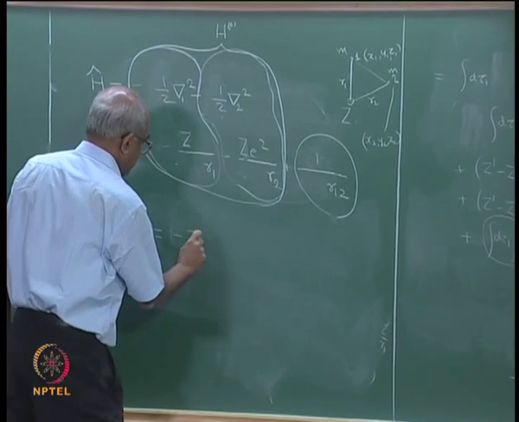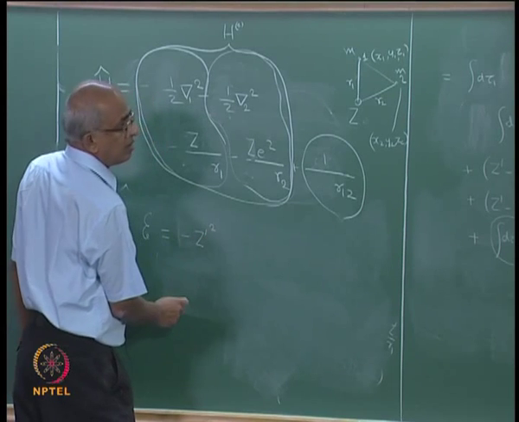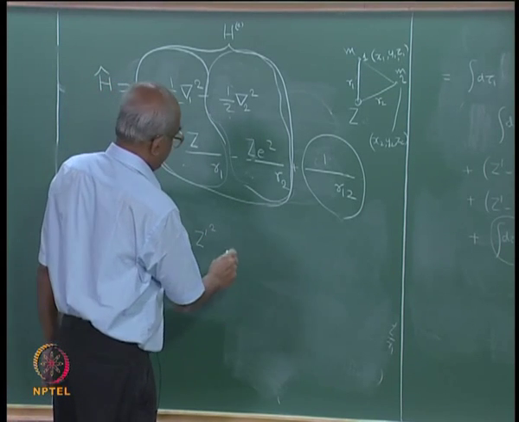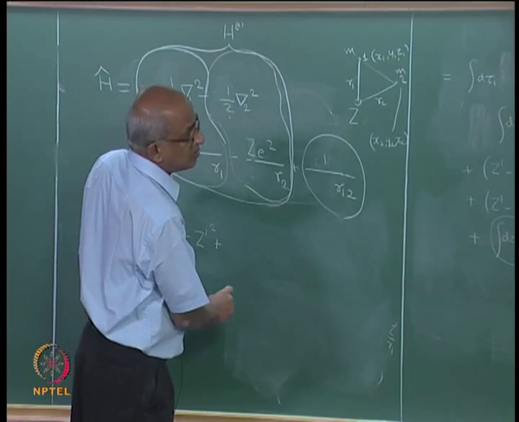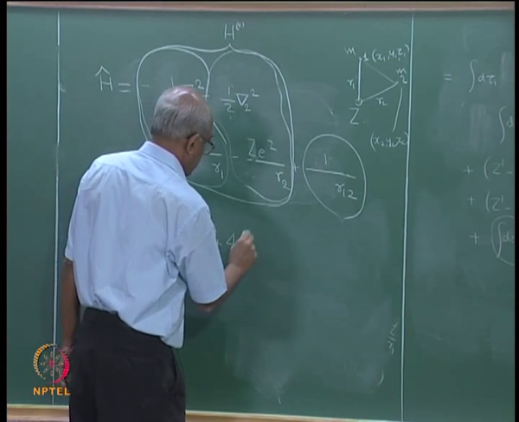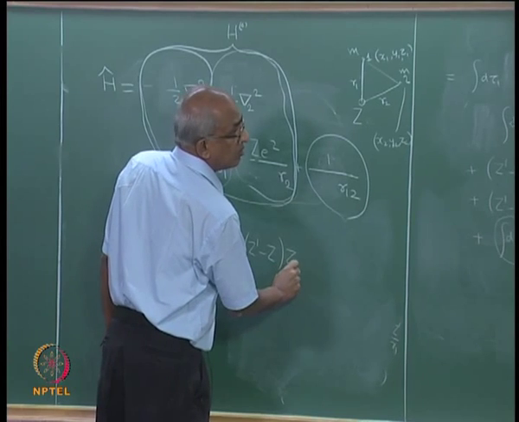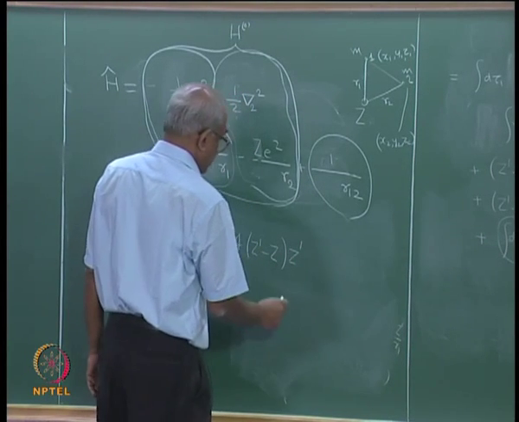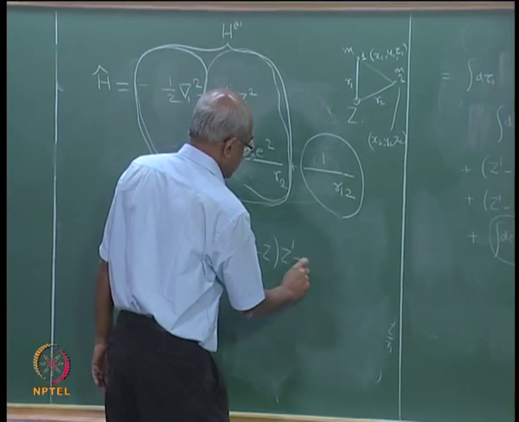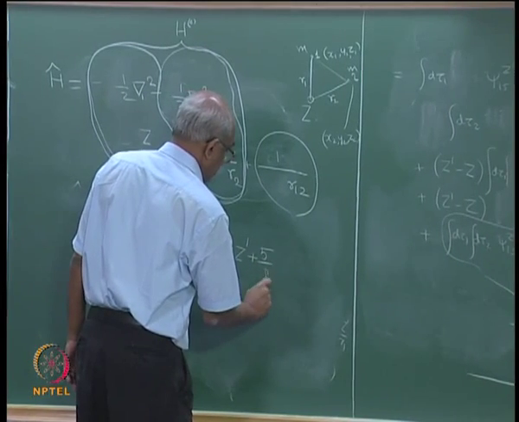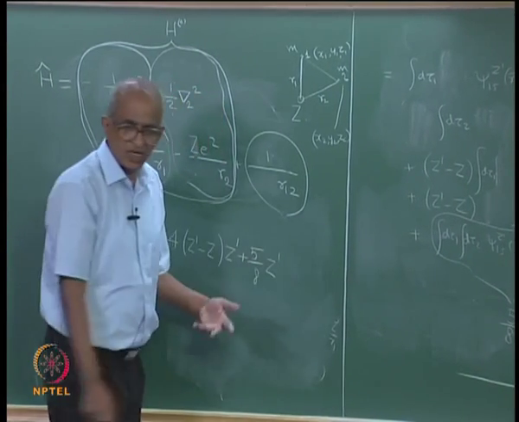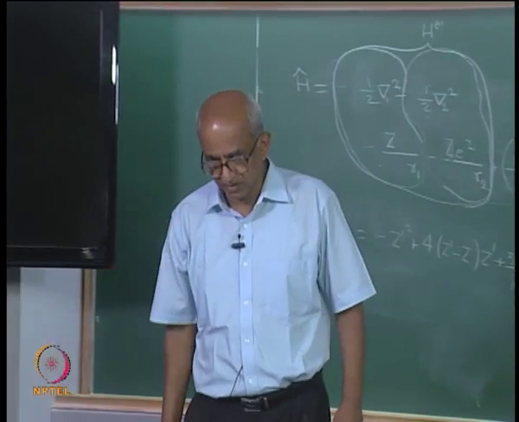So it is going to be minus z prime square plus 4 z prime minus z into z prime. I hope I have not made any mistake, plus 5 by 8 z prime, because I have not evaluated all the integrals, I have to be careful.